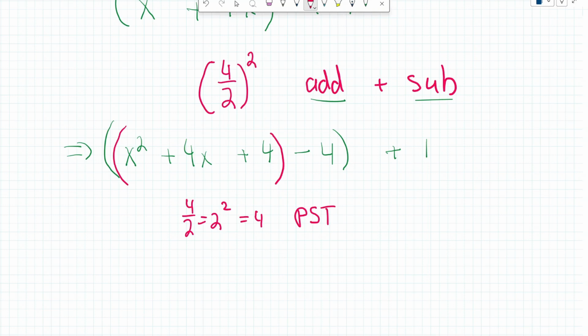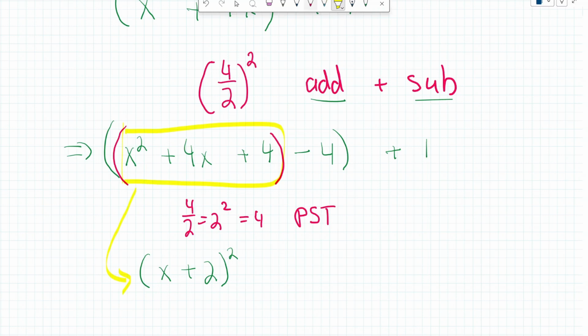We know how to factor perfect square trinomials. We simply take our middle value and divide it by 2. So then we just have x plus 2, and then that whole piece is squared. So this piece over here, highlighted in yellow, can be factored just like this.